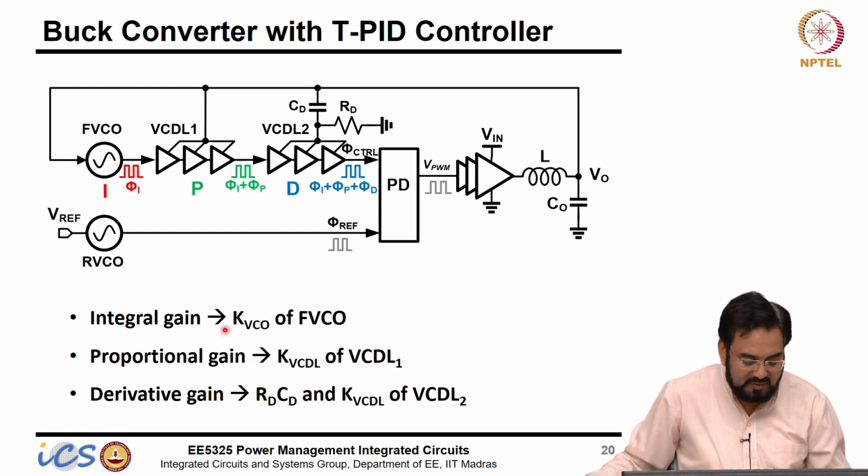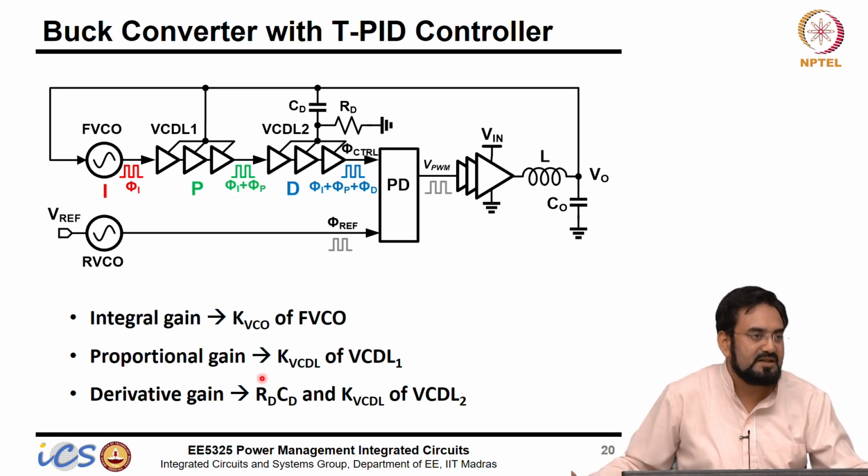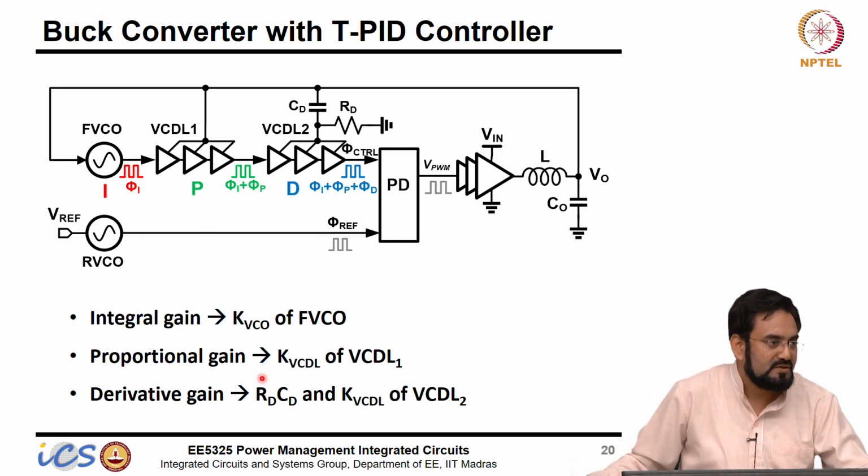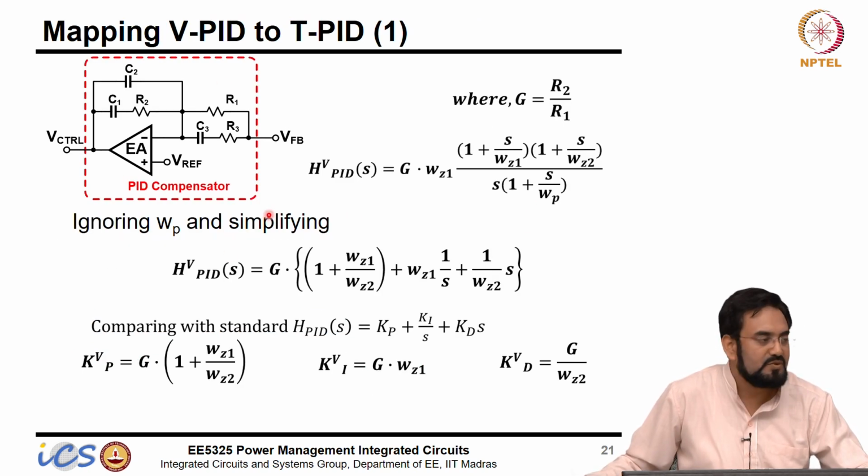The only thing now you have to decide is how you design this VCDL and KVCO, so that you can place your zero and make your loop gain according to your requirement. Which means first we have to do the voltage mode.